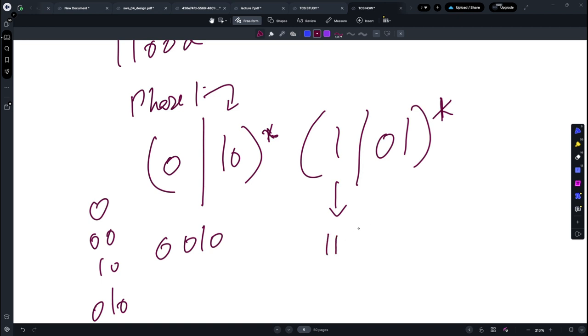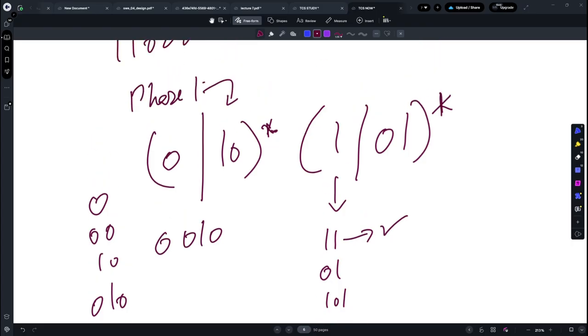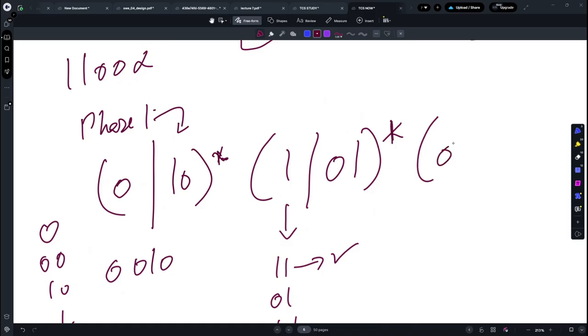Okay, and in this way, with this, you can then design 1, 1, a single 1, of course, 0, 1, 1, 0, 1, 0, 1, 1, and 0, 1, 0, 1, 0, 1, 0, 1 again, as many times as you want. So here 1, 1 is allowed. And in the next phase, we will be smart because we will only give 0 as a whole.